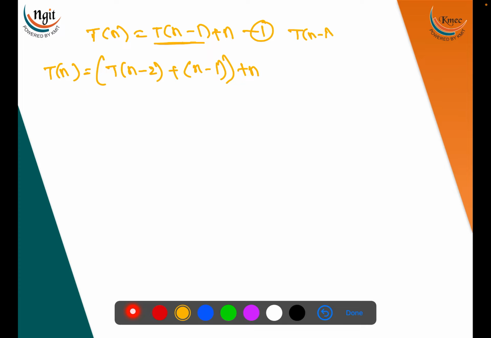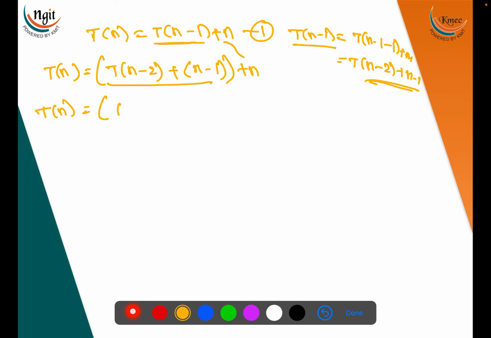T of n minus 1 means substitute in this: T of n minus 2 plus n minus 1. I substituted as it is and the n as it is, right? Now T of n minus 2 value also you have to substitute.